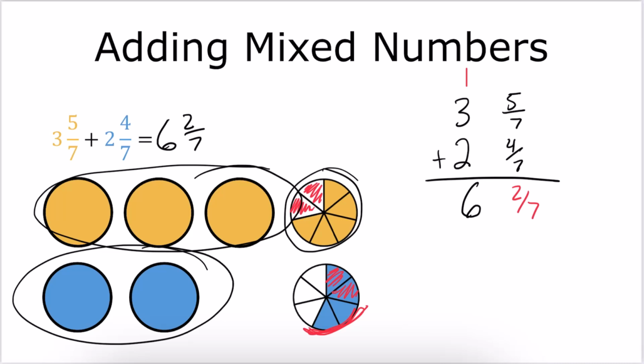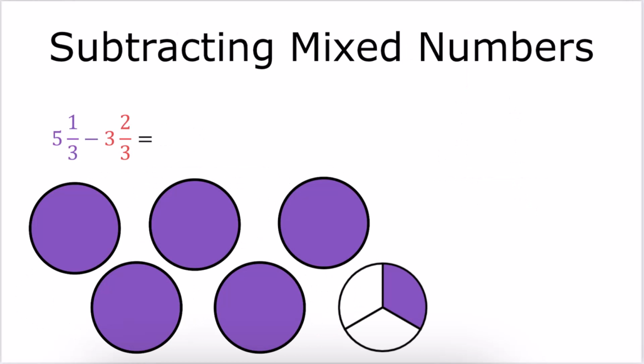So this is a similar type of idea, except instead of grouping them together in groups of 10, like our place value system does, in this case, we're grouping them together in groups of 7 because the fractions are split up into sevens. So it takes 7/7 to make a whole.